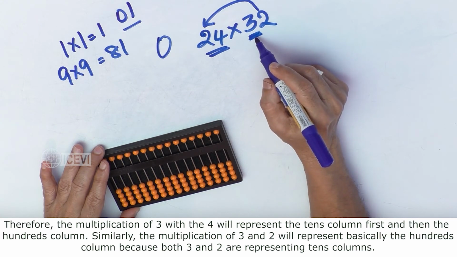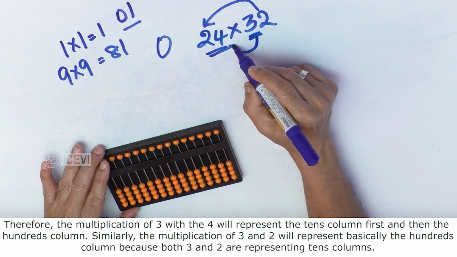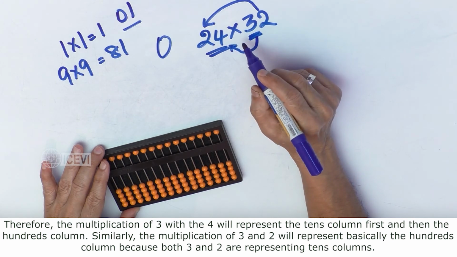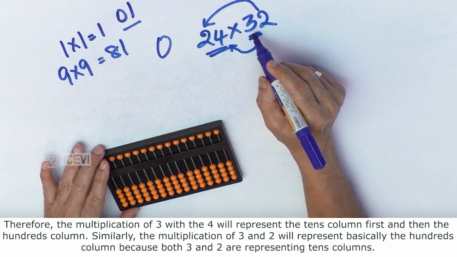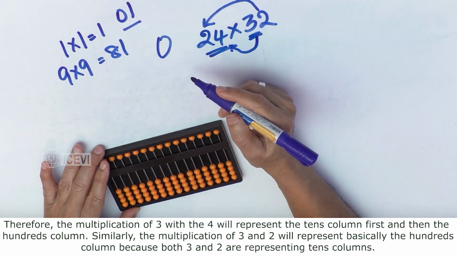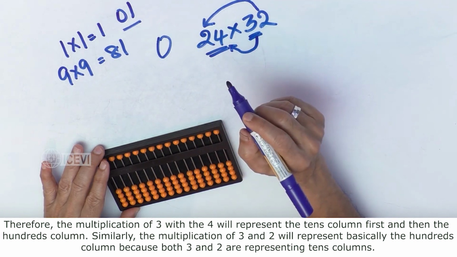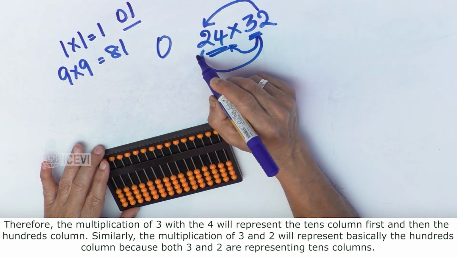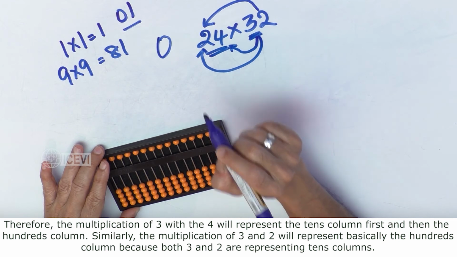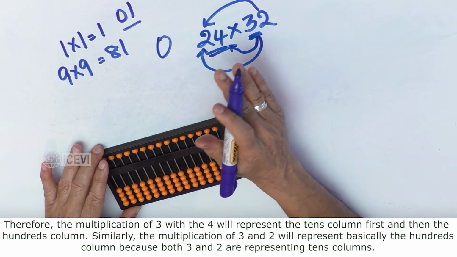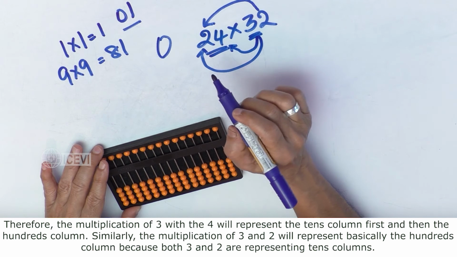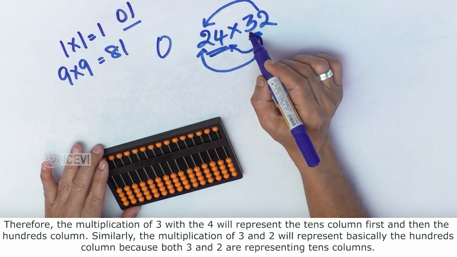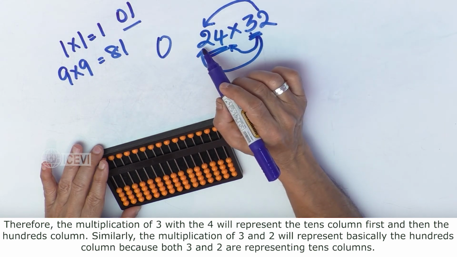Therefore, the multiplication of 3 with 4 will represent the tens column first and then the hundreds column. Similarly, the multiplication of 3 with 2 will represent basically the hundreds column, because both 3 and 2 are representing the tens columns.